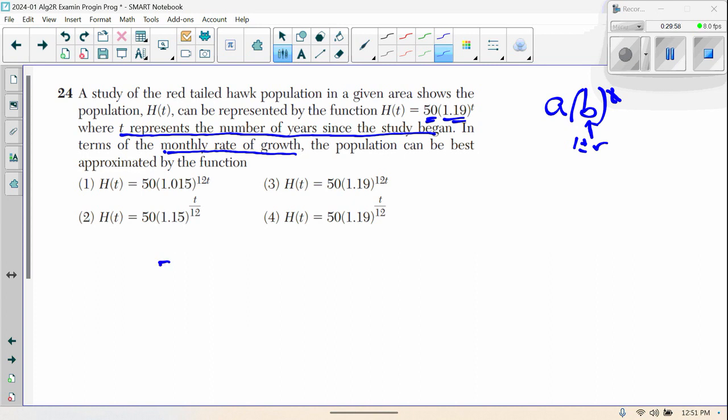So I've got to take 50 and multiply it times 1.19 raised to the t. Keep in mind, this is 1 year. Time equals 1 year. Okay? They want it in months. So a year is 12 months, isn't it?